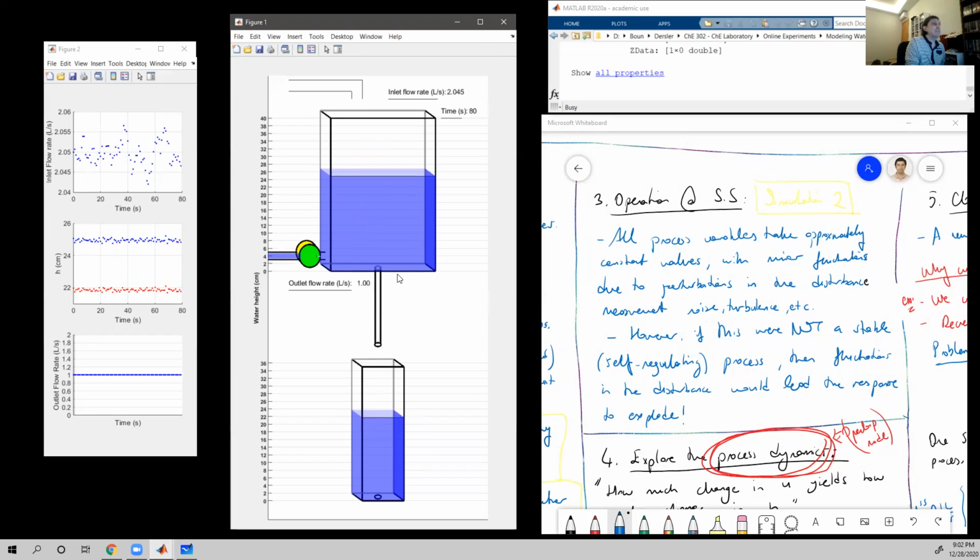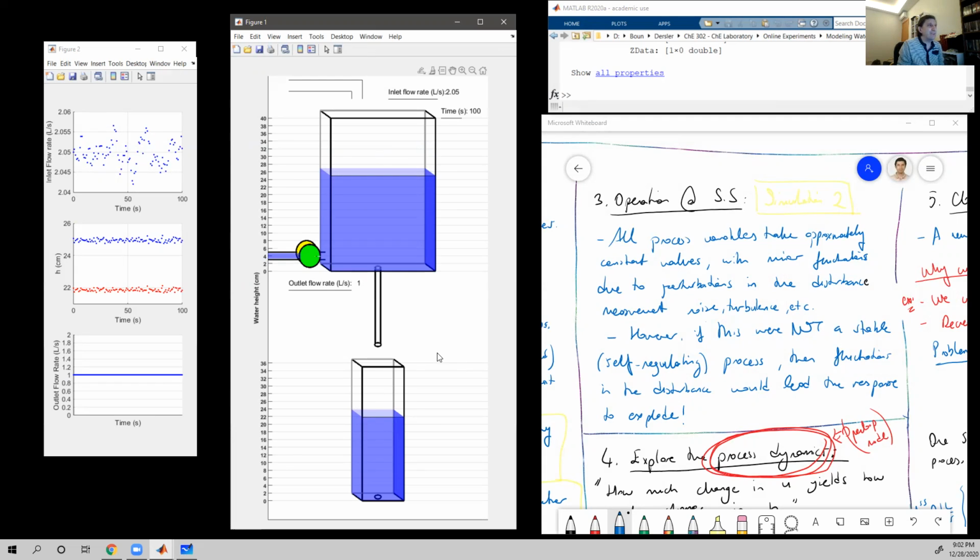That system should be self-regulating, or in other terms, the process should be stable, as you have probably covered in your process control course. If the process is unstable, if it has a positive pole, then given any disturbance without control, the output will tend to go to infinity, will explode, or whatever you would like to call it.